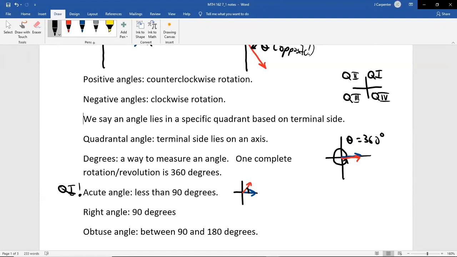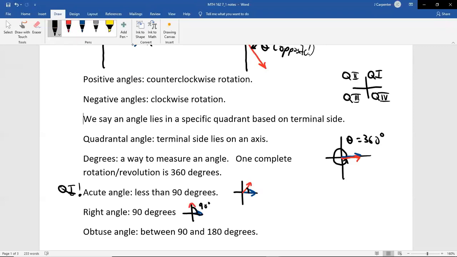Because 90 degrees is the positive y-axis. I'm going to label all those quadrantals shortly. A right angle is 90 degrees, which I just mentioned. So initial is blue, terminal is red. So there's our right angle, our 90-degree angle.